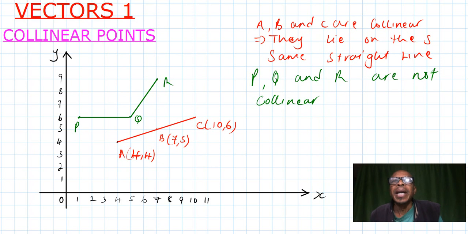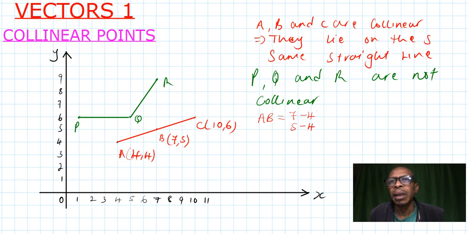Now, we have already discussed the column vector. So we can get AB, which is 7 minus 4, that is the x component, and 5 minus 4.